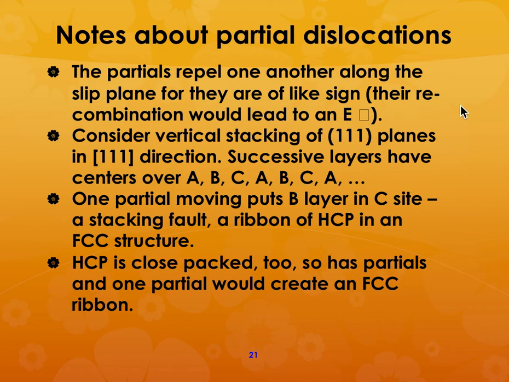Some things to note about partial dislocations are that they will repel one another along the slip plane if they are of like sign. Their recombination will not remove the dislocation itself.